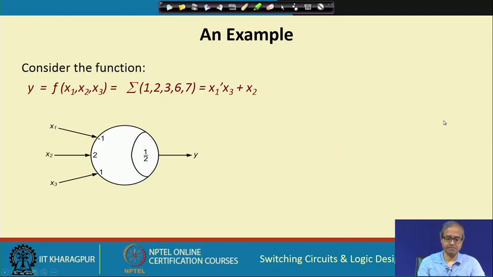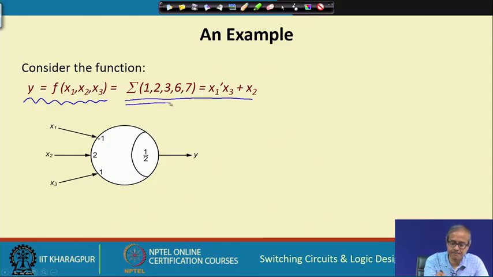Let us take an example. Here we consider a 4 variable function. Let us look from the other side. Let us say that we want to implement a function like this. It is a sum of product specification where the true min terms are 1, 2, 3, 6 and 7.